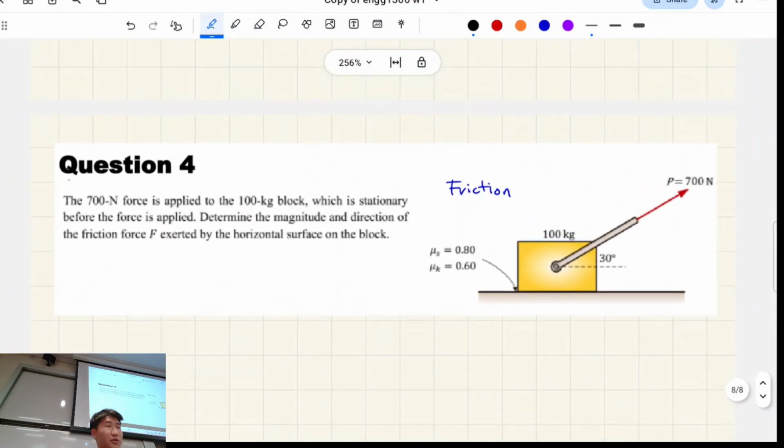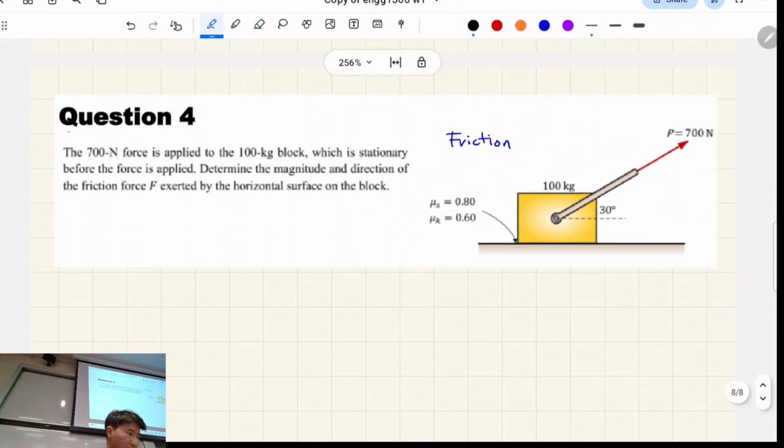Okay, so the important thing to take out of this question is friction, right? This is like a rope or something, and it's being pulled, and it's pulling a block, which is sliding along the ground, and we know two constants here. We know the static friction constant, and we know the kinetic friction constant, which is the one with a K. So static is S, K is kinetic.